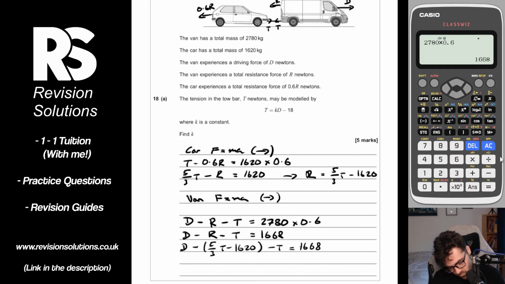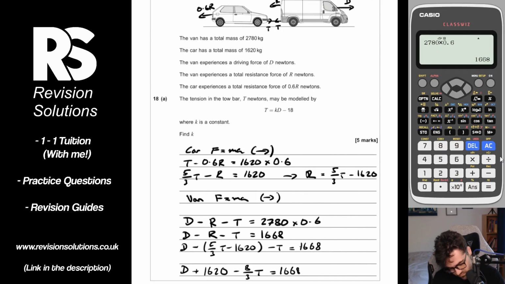So then, if we simplify that down, we just have D, we'd have plus 1620, and then we'd have minus 5/3, and then minus another T. So that would be minus 8/3 T equals 1668.